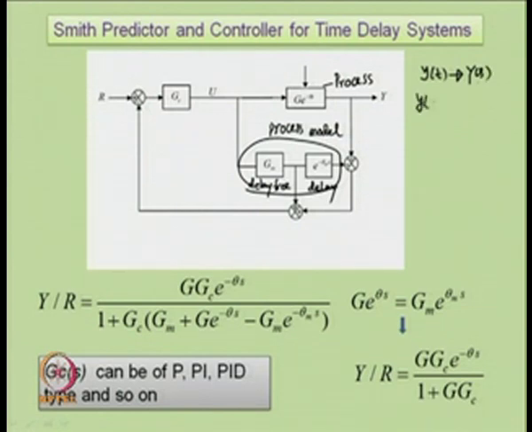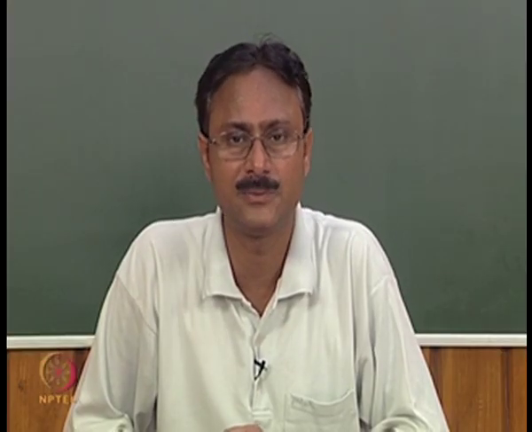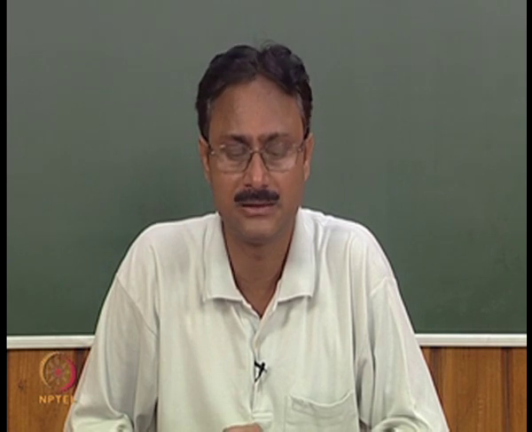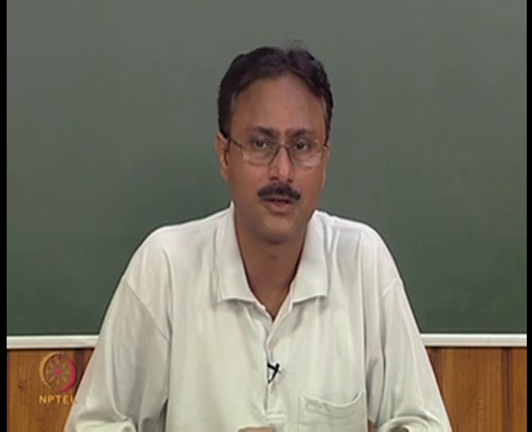When the output is lagging by some time theta seconds, that is often shown as e to the power minus theta s Y(s) in the Laplace domain. So, here the process possesses long dead time, and often it is difficult to design either series or series feedback type of compensation schemes without resorting to the Smith predictor control scheme.